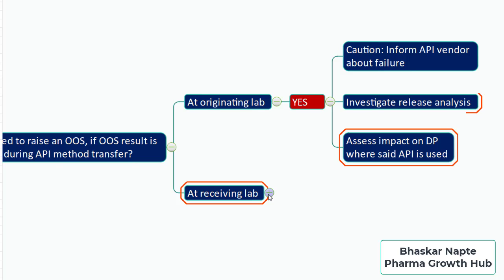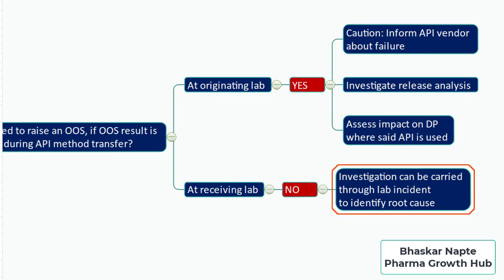So errors are quite obvious, and for that reason, if it happens at the receiving lab, an OOS should not be the appropriate procedure to investigate the lab errors, but you may investigate the lab error with the lab deviation or lab incident test SOP. So this is the answer you must give while the OOS is observed during the analytical method transfer.